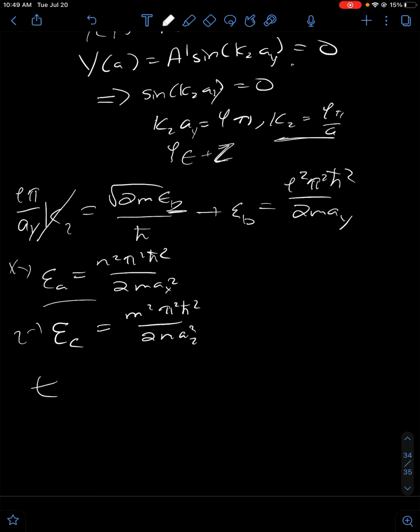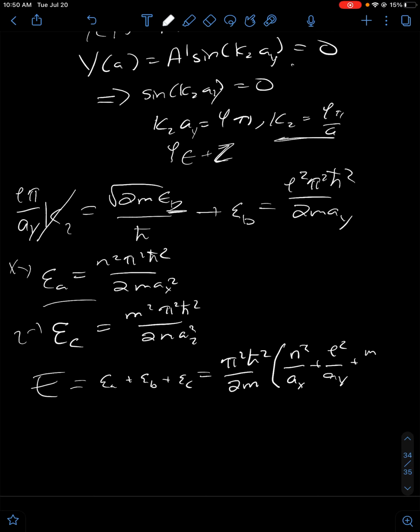So remember that the total energy is epsilon a plus epsilon b plus epsilon c. So that's just going to be equal to pi squared h bar squared over 2m times n squared over ax squared plus L squared over ay squared plus m squared over az squared.